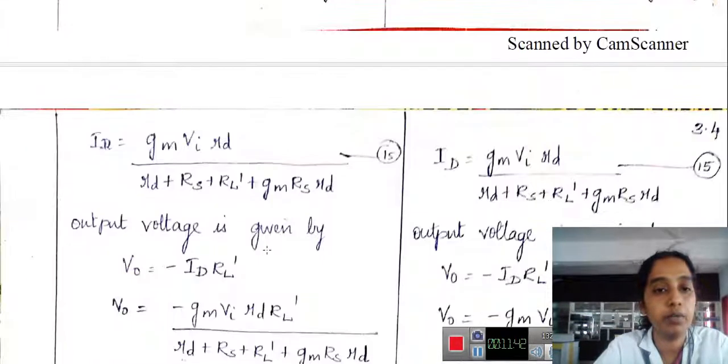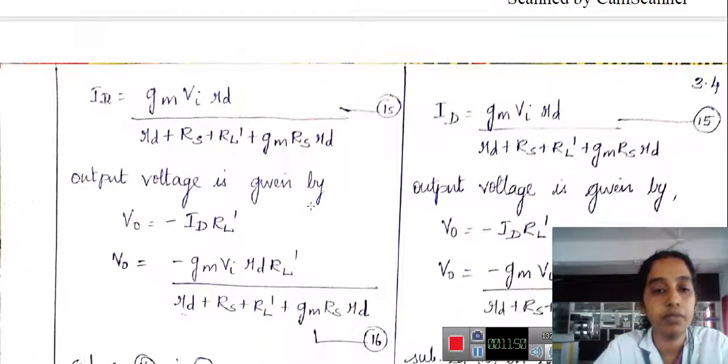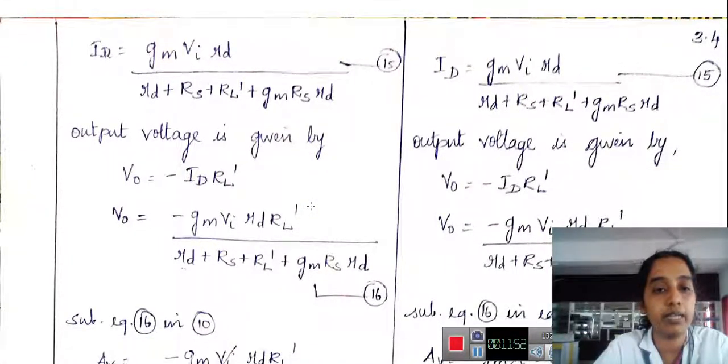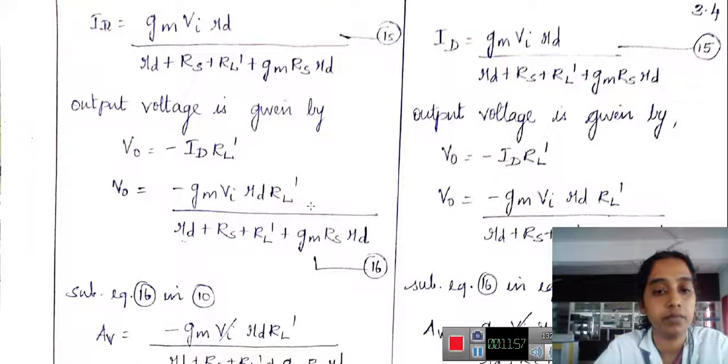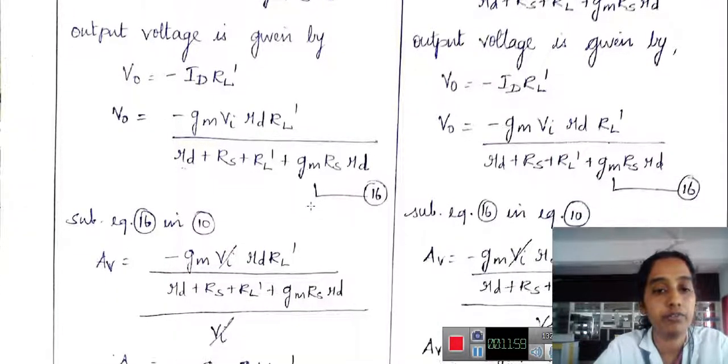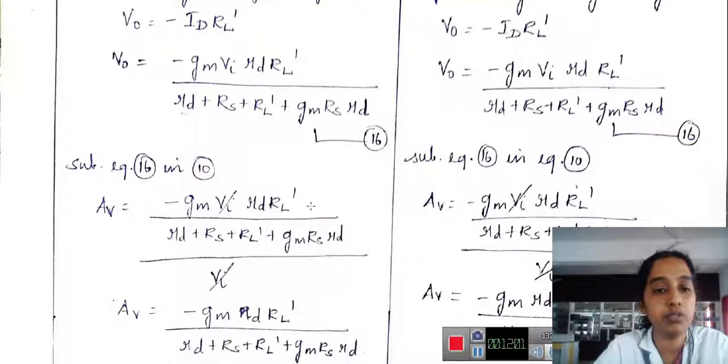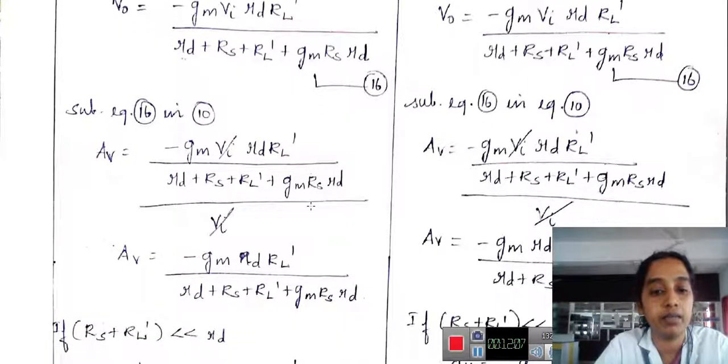So we are able to find the value of ID. From the value of ID, I am going to calculate the output voltage V0. If I find the output voltage, I can substitute it in the voltage gain. Voltage gain AV is equal to V0 by Vi.